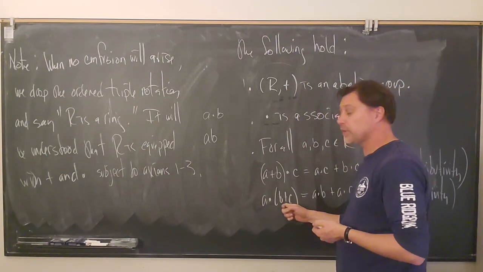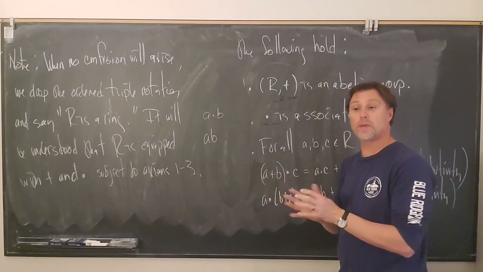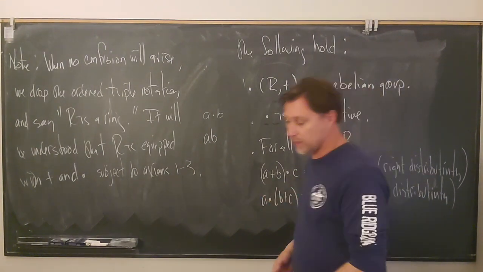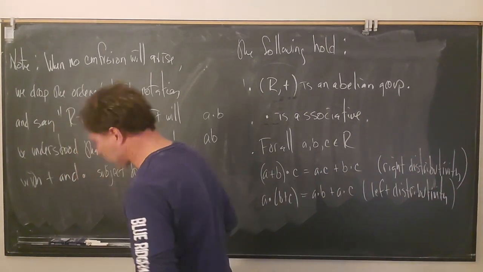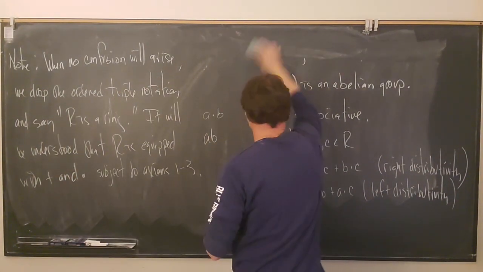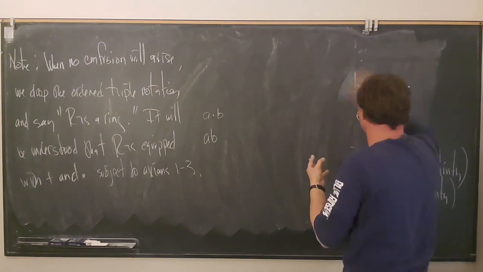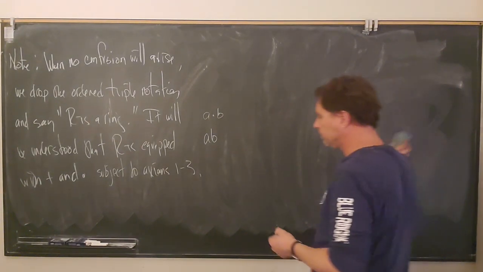You use the plus when you're working with addition, but multiplication will be denoted by juxtaposition, just as we do when multiplying integers or real numbers. This is really just establishing the standard notation that we'll use when working with rings.